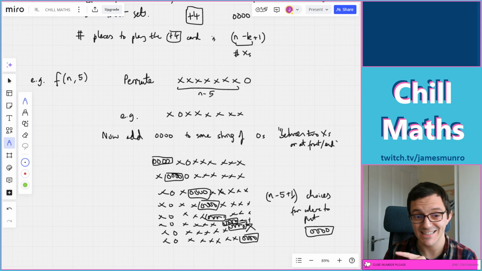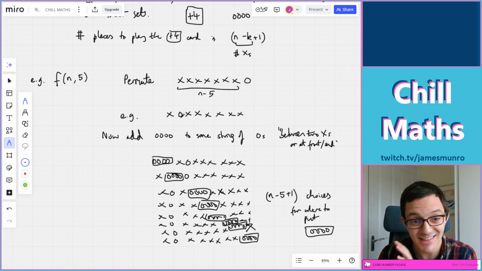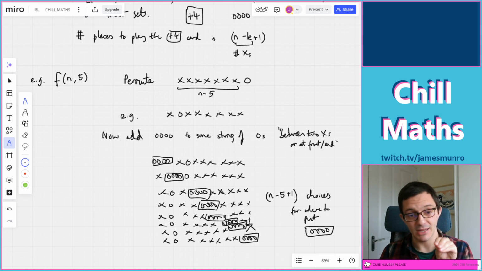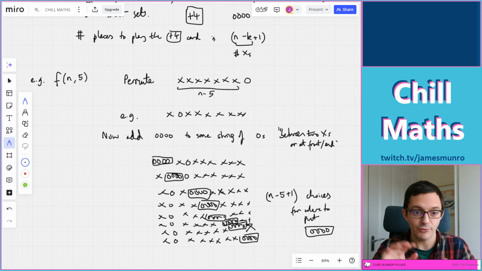Last week we would have accidentally said one more than that for this picture. We'd have said, because you could put it here or you could put it there. This is the fix, to say no. Don't count the places to put it in this sequence of symbols. Only count the different strings of zeros that you've got, which are defined by being in between 2 X's, or at the very left or at the very right.